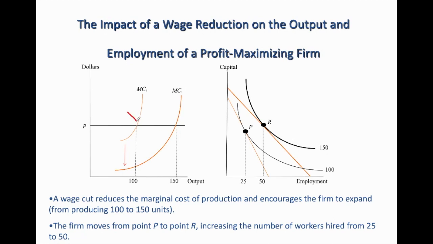And this is the initial point where price equals marginal cost, or marginal revenue equals marginal cost, which gives us the profit maximizing output level for this firm initially.